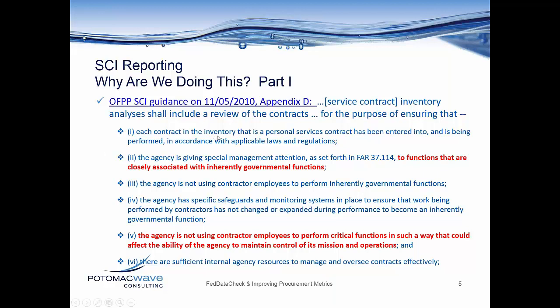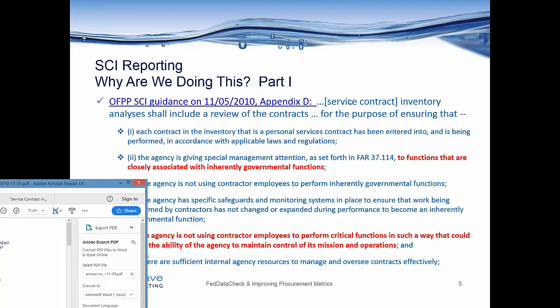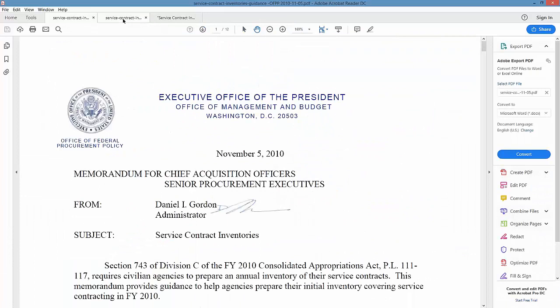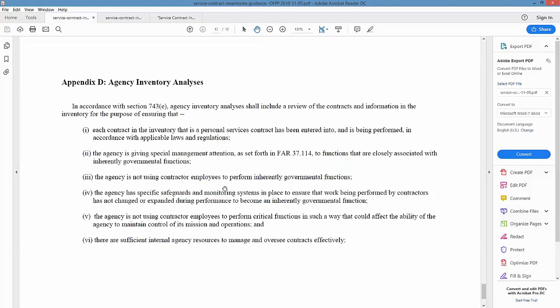Each contract, actually, let me pull that up. I have that up there. Appendix D. There we go. Pull this over. Here we go. So what's the big picture?